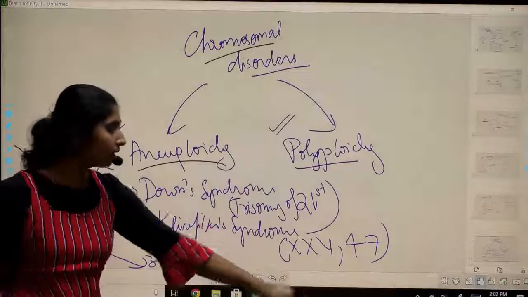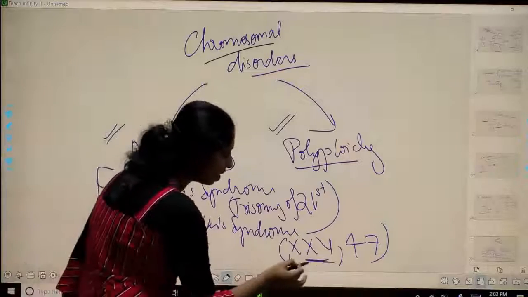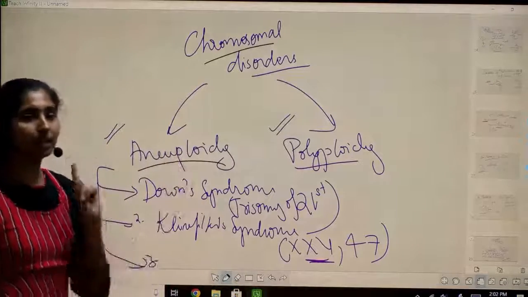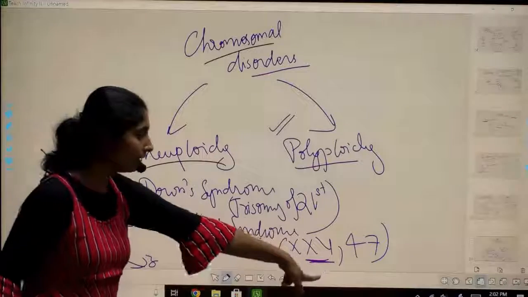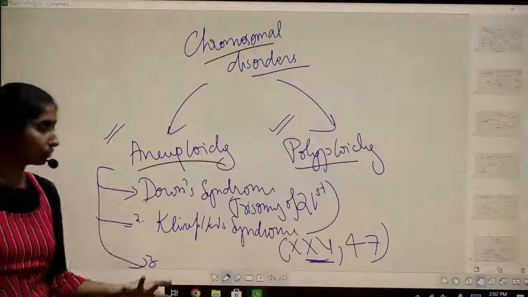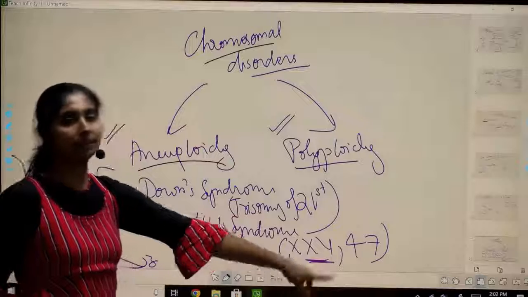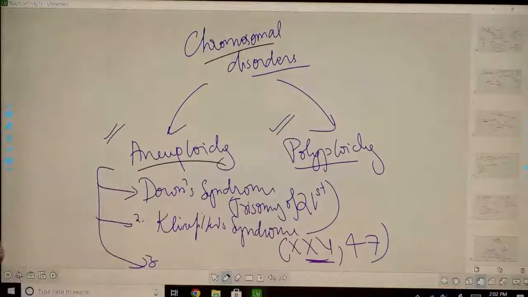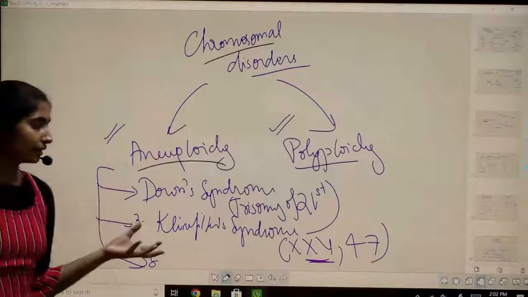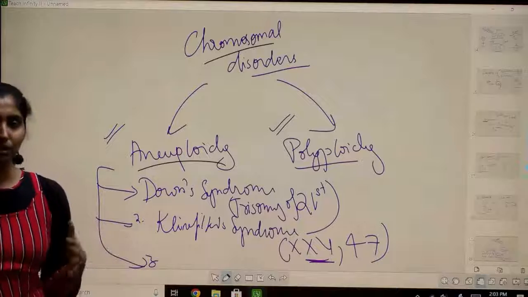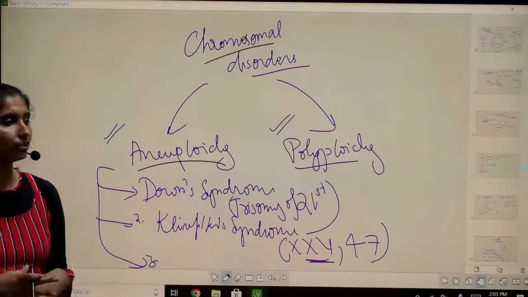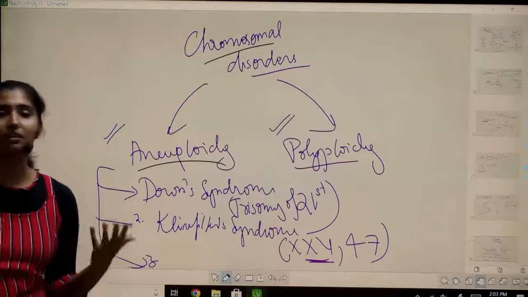In addition to the XY, they also have an additional X. So that makes it XXY. Because they have one extra chromosome, they have 47 chromosomes in total. People who have Klinefelter syndrome are males who have feminine characters and show gynecomastia, that is the development of breasts.